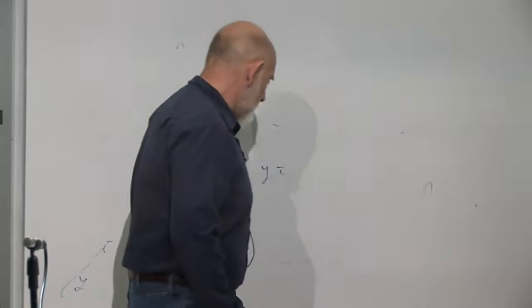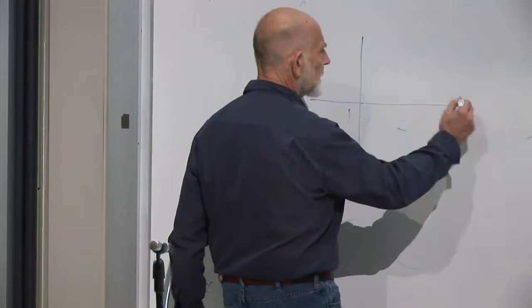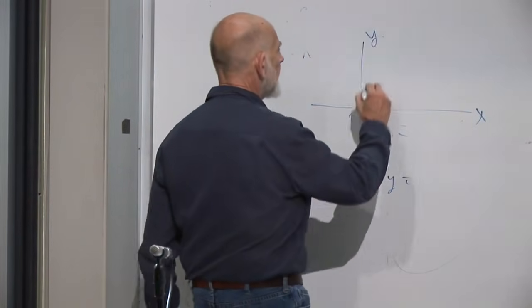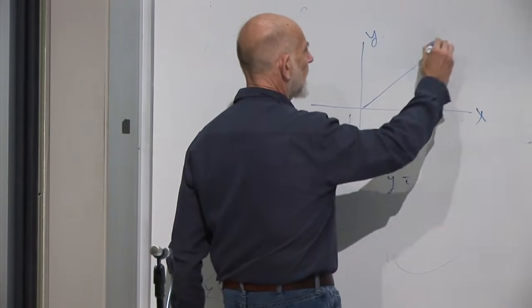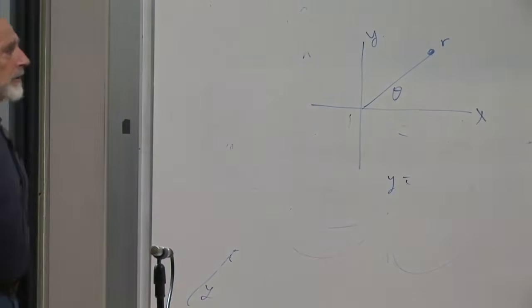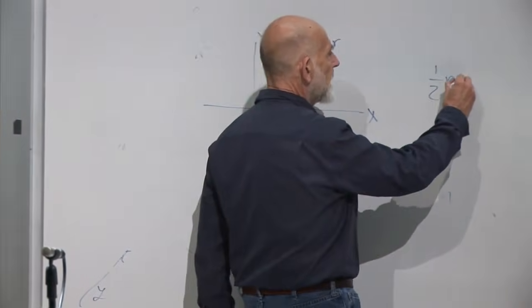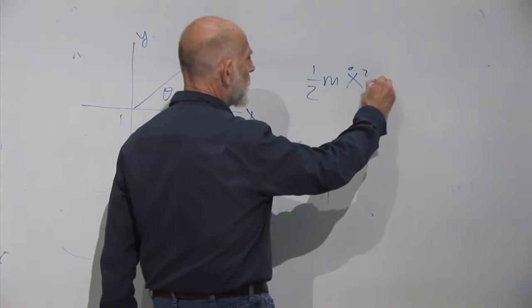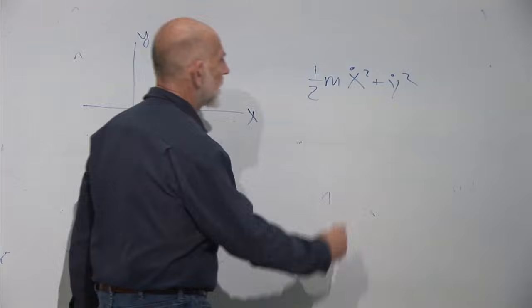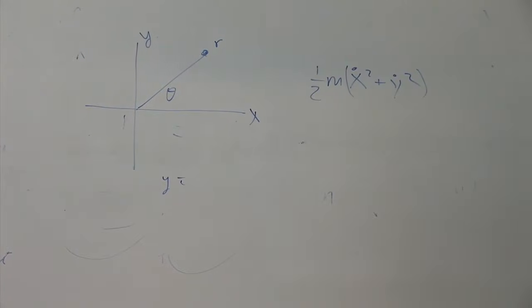Okay, so what are our coordinates? Now our coordinates are just, this is x and this is y, this is r, and this is theta. Okay. I want to write down 1/2 m times x dot squared plus y dot squared. But I want to write it in terms of r and theta.